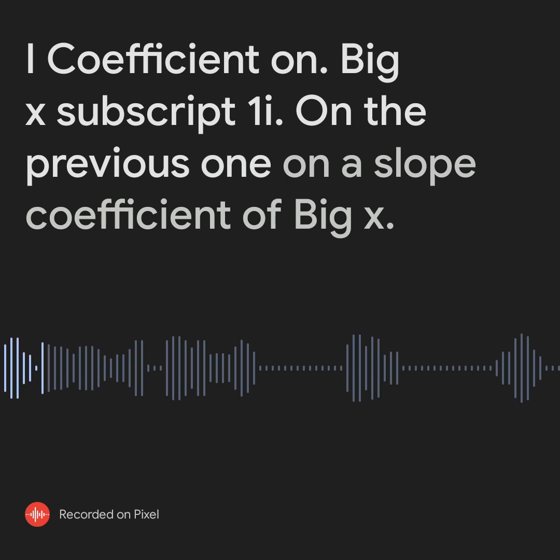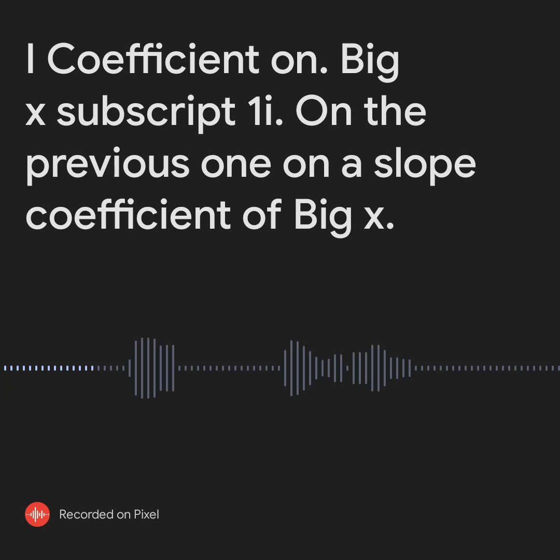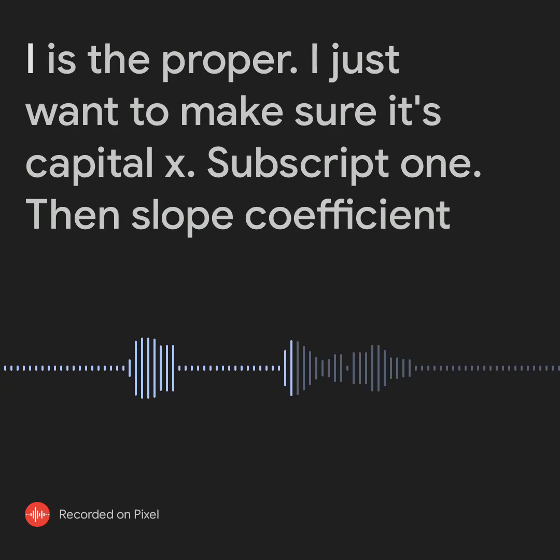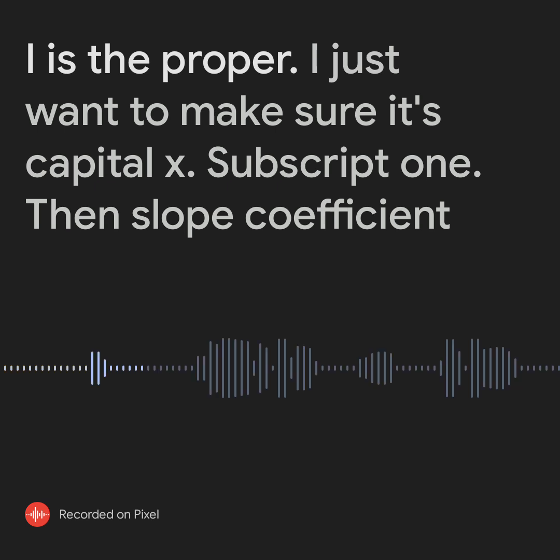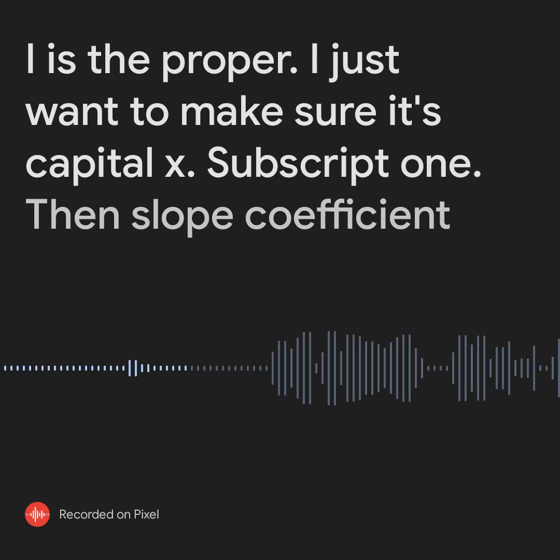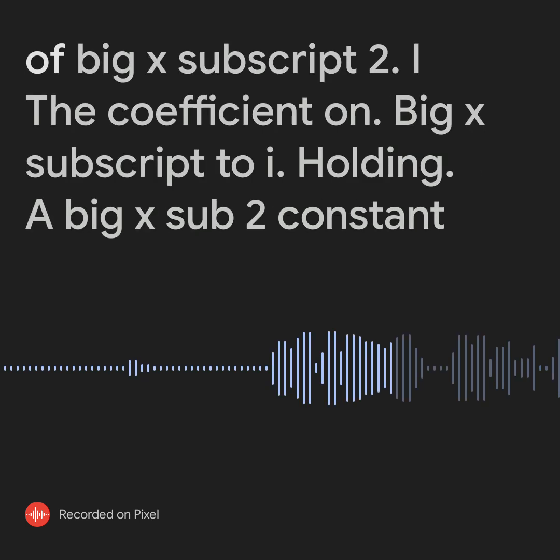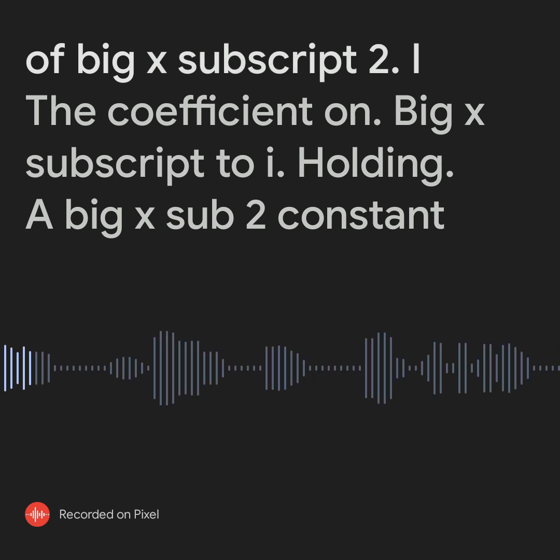On the previous one, the slope coefficient of big X sub 1i, I just want to make sure it's capital X subscript 1i. Then slope coefficient of big X subscript 2i.